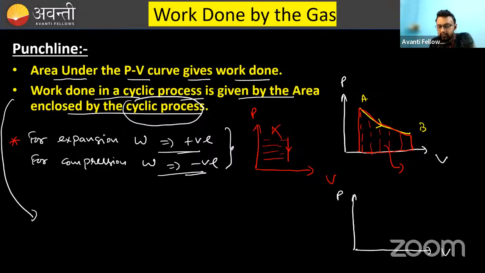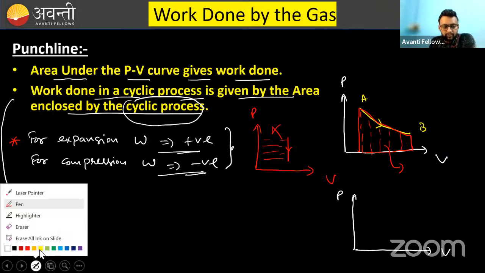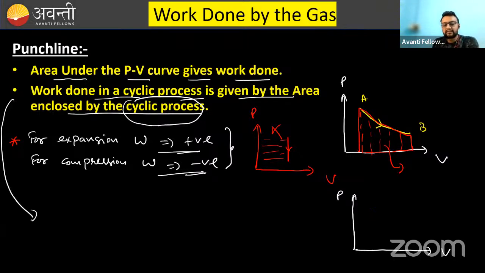A cyclic process is nothing but, for example, a process that starts from point A, goes to point B, and again to point C, and then returns to point A. This is the process.